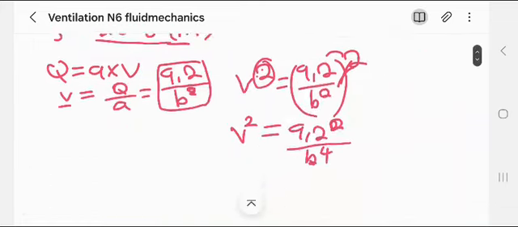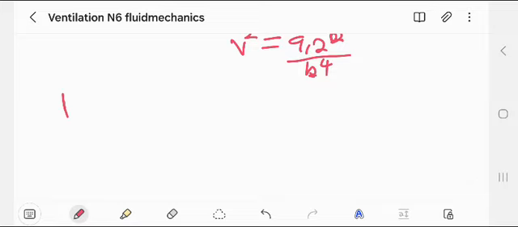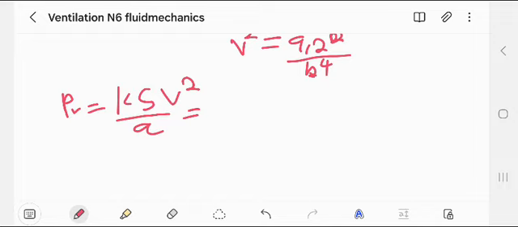So we know that P R is equal to K, rubbing surface multiplied by v squared over area. We have K, which is 0.003. We have been given that.